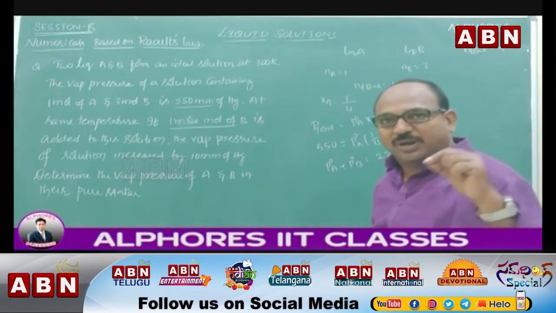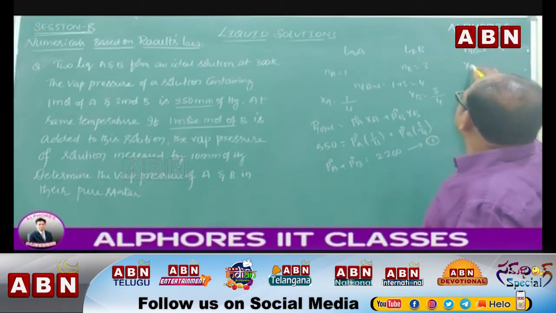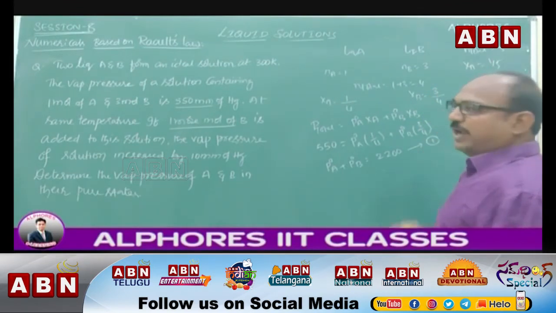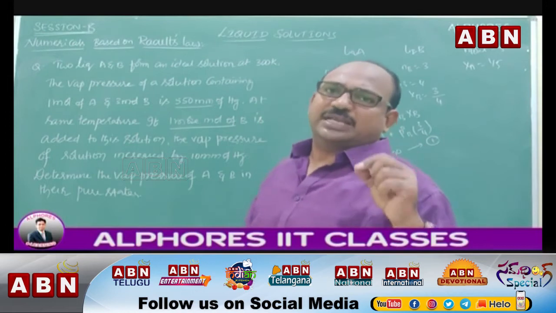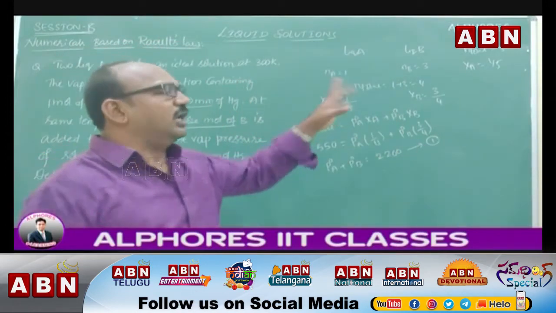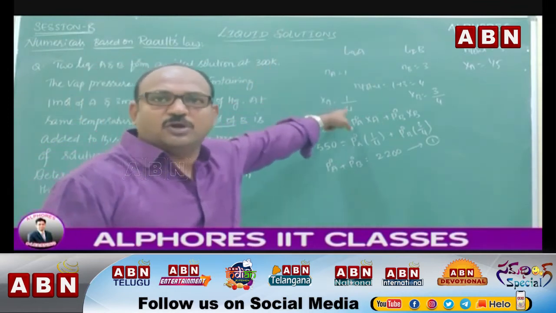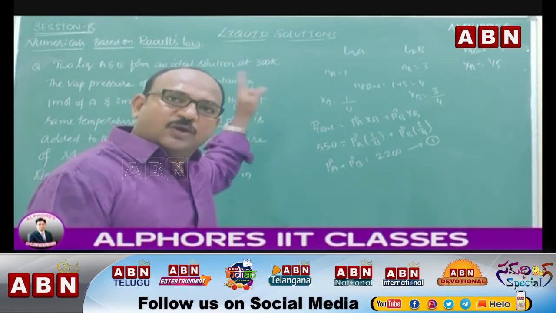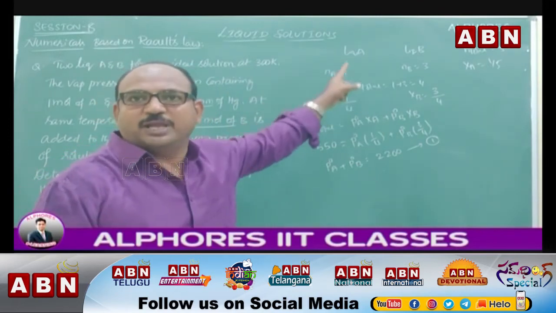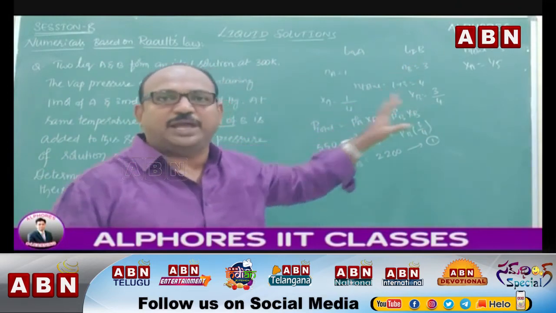And what about number of moles of A? It still remains 1. That means XA is equal to 1 by 5, because mole fraction of A is nothing but number of moles of A upon total number of moles. So after adding 1 more mole, total number of moles becomes 5 and mole fraction of A becomes 1 by 5.